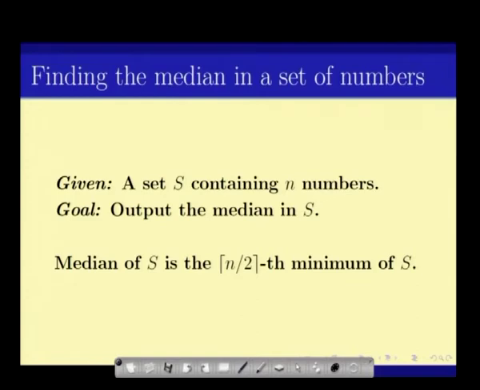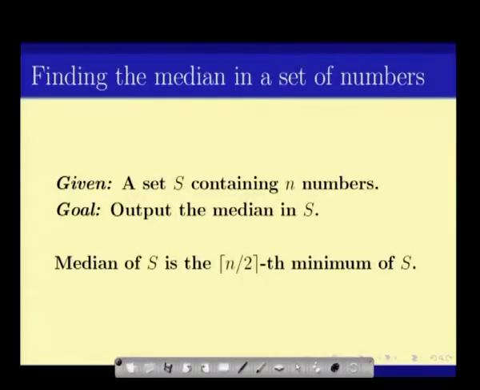For people who are used to statistics or economics, finding the median in a set of n elements is a very essential problem. So what is the median? The median is basically the n over 2th minimum in the set S. In other words, if you arrange this set in ascending order, it is the central number.